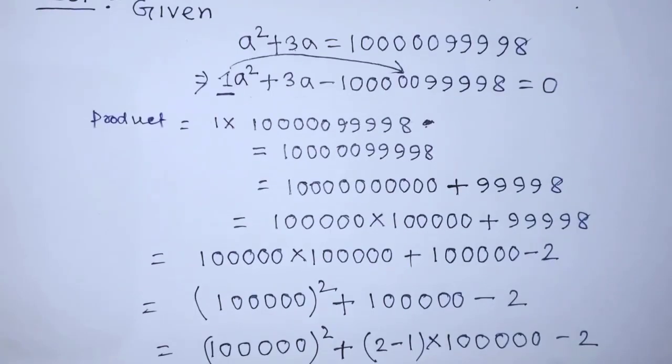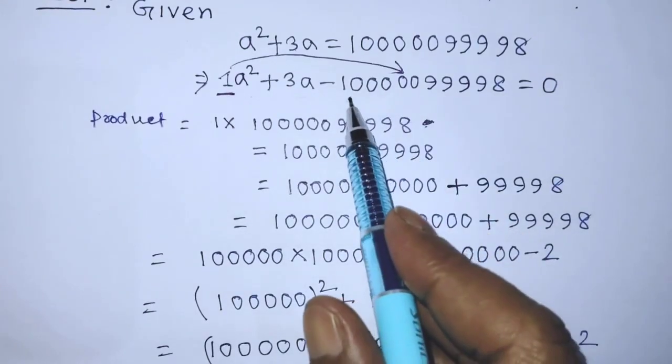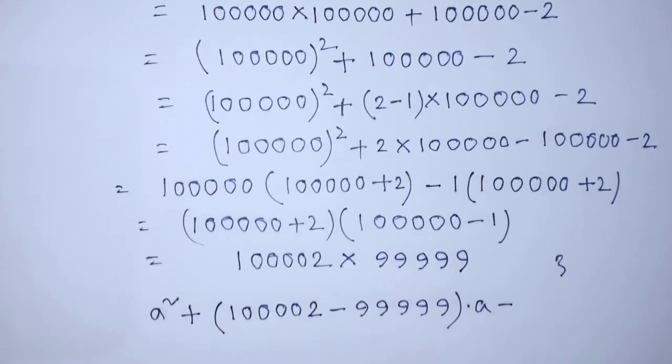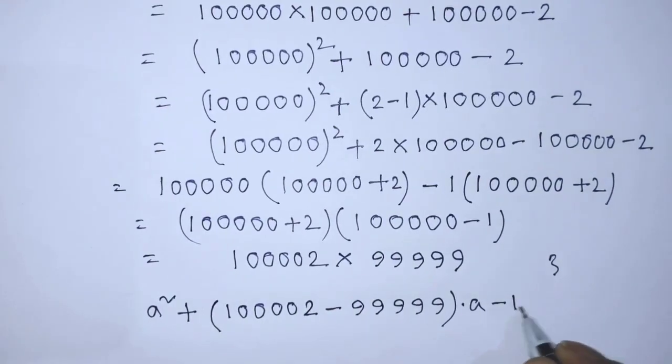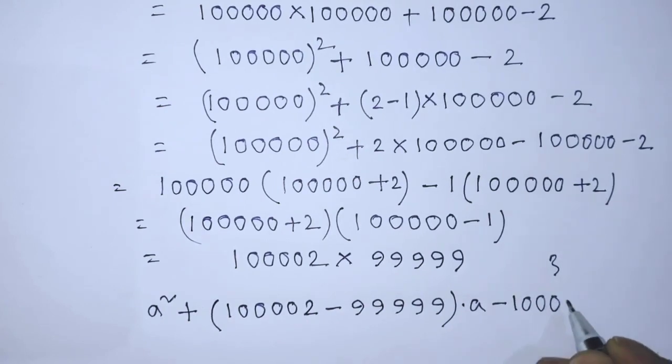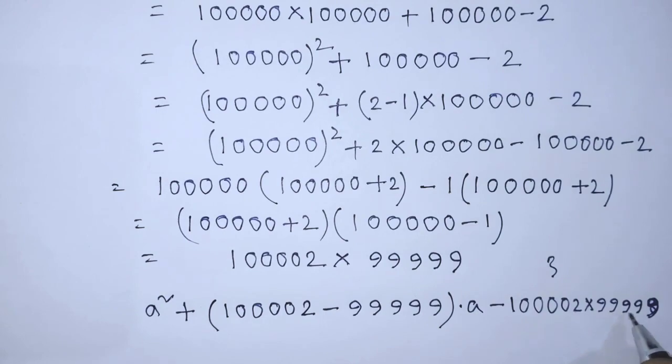Minus, in the place of this number we write 1 lakh 2 times 99,999, is equal to 0.